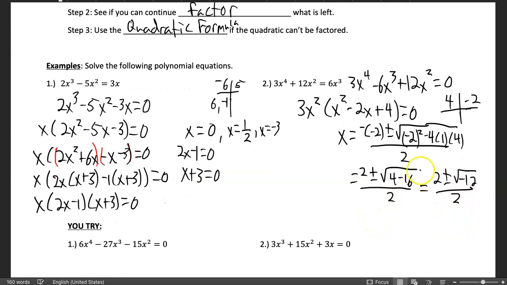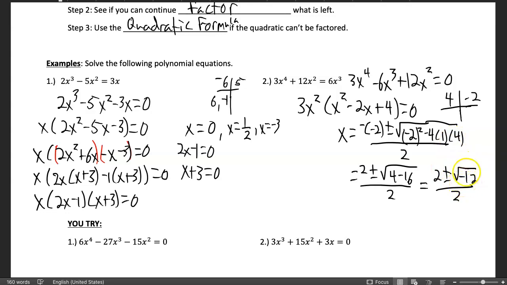So what does this make our answers? Well, the square root of negative 12 is going to be 2i root 3. So this is 2 plus or minus 2i root 3 over 2. And now we just cancel these out. So two of our solutions are going to be 1 plus or minus i root 3.